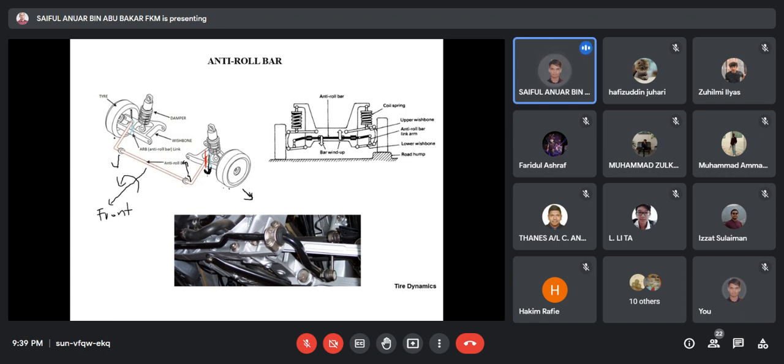The contact on this side of the tire is assisted by the load transfer at the sway bar, and the tire on the other side is pushed down by the load transfer. Load transfer still exists. That's how we reduce the roll effect during cornering and how the anti-roll bar does it.